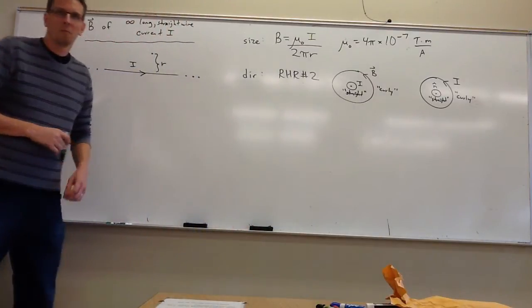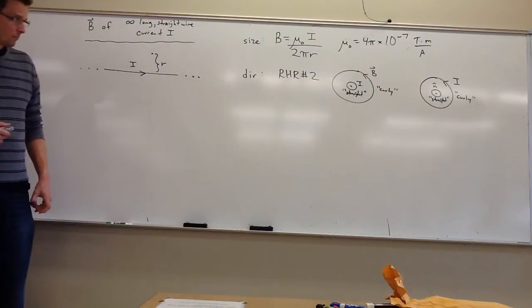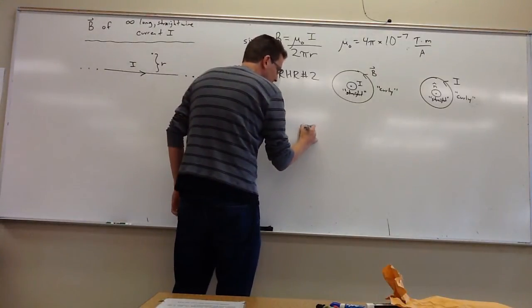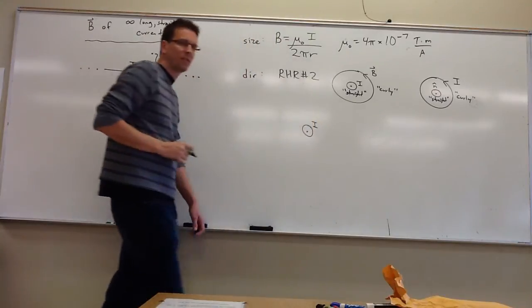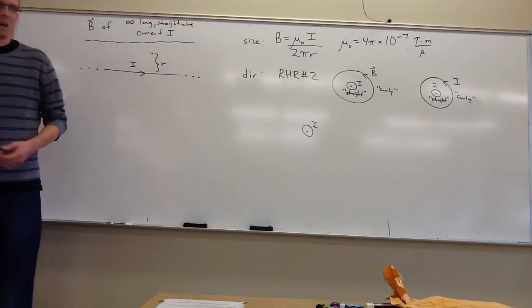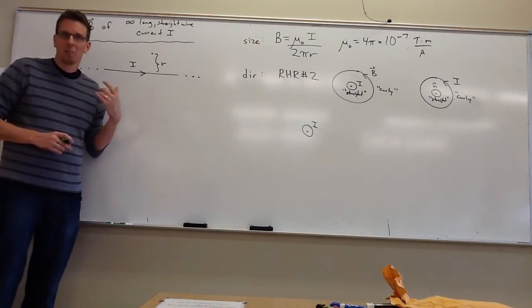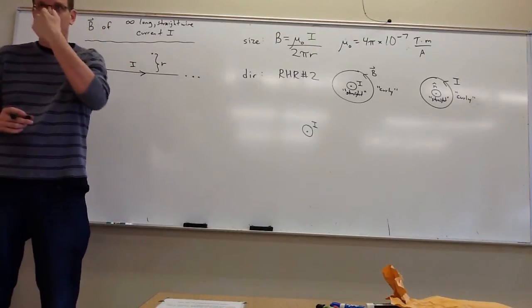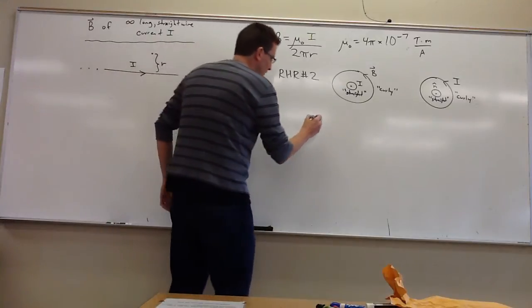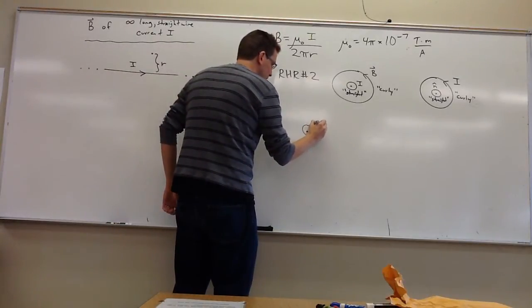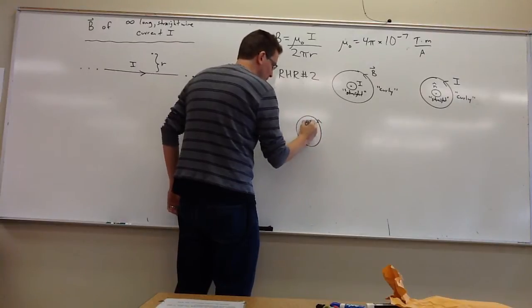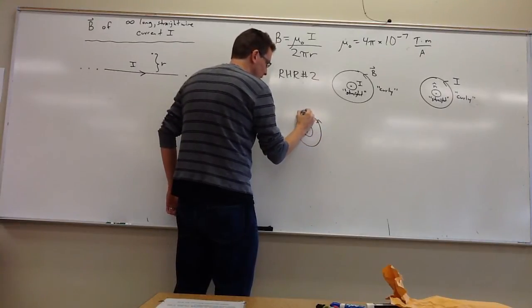So I should probably draw you an expanded view of that. Here's the current. This is the current coming right at you. Not the perspective I drew at first, but the current is running right at you, right through your eye. And the magnetic field is going to look like this. Let me try to draw it decently.